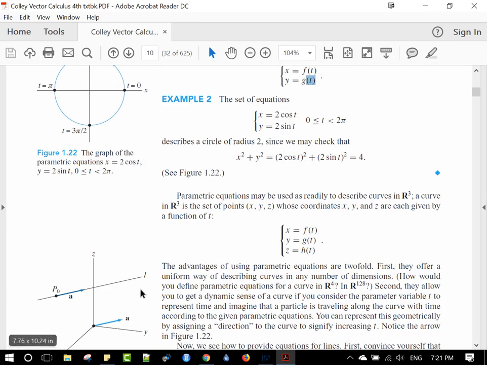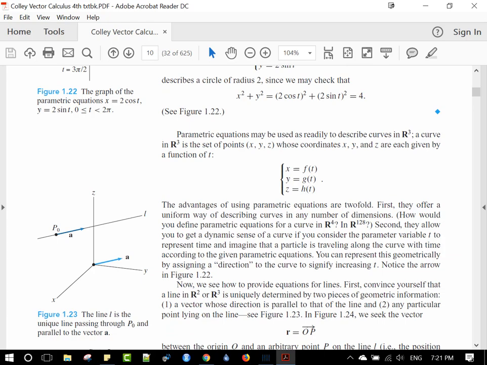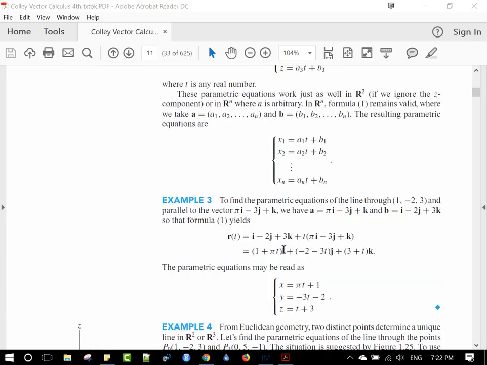So, for example, down here, later, they're going to show that these equations here are the parametric equations for a line through this point and parallel to this vector.